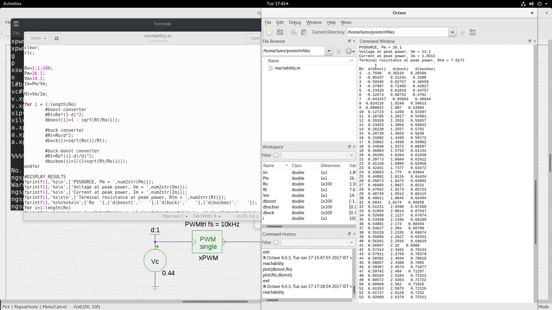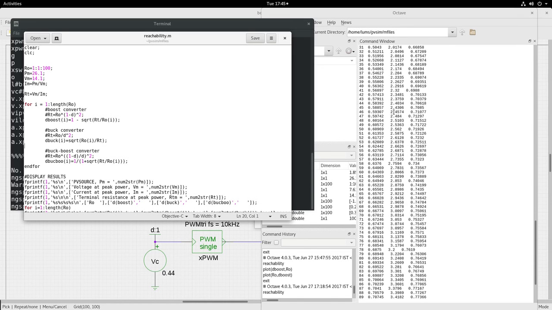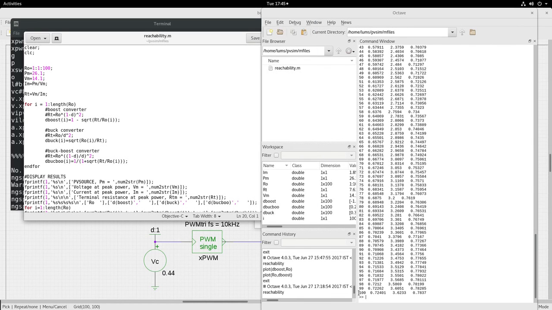Now here, first consider column 1 only. R0, this is R0. For every value of R0 load resistance, we have some value of duty cycle for the boost. You see, these are not valid duty cycles. Now let us see. For R0 of 100, we see that the value of duty cycle is 0.72 to achieve peak power operation according to this equation at peak power point.